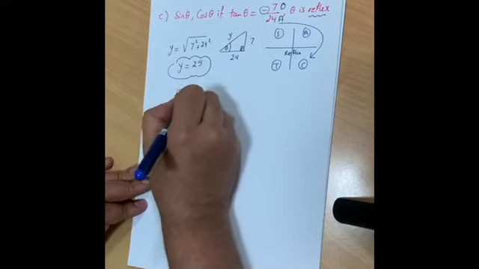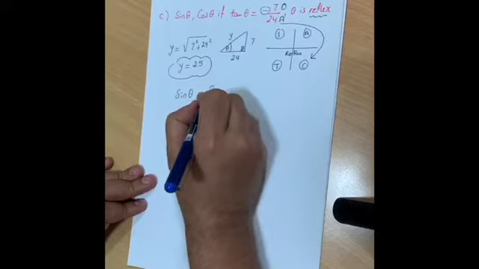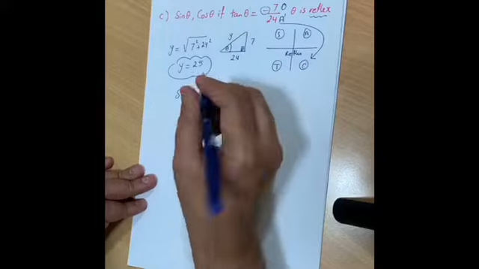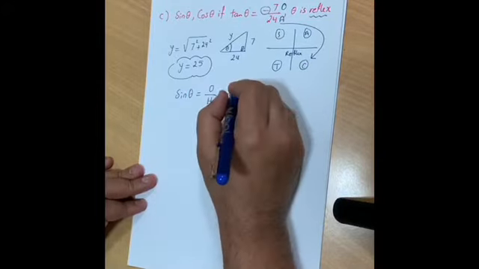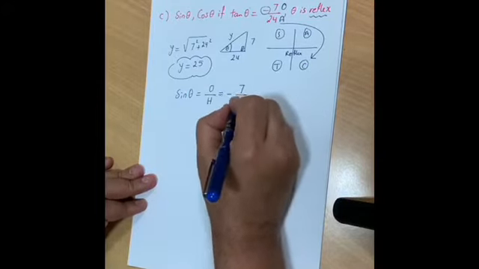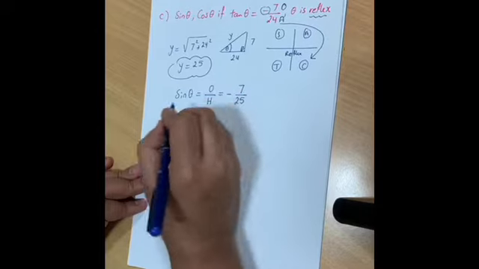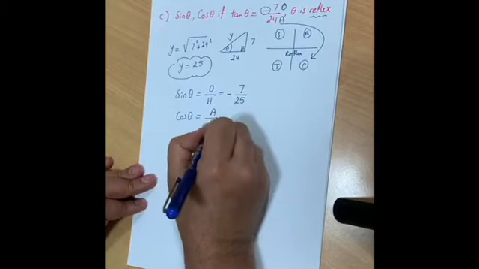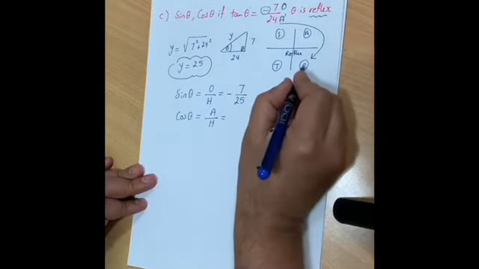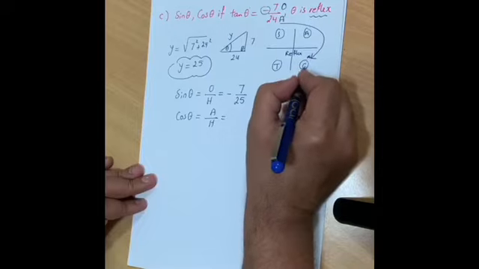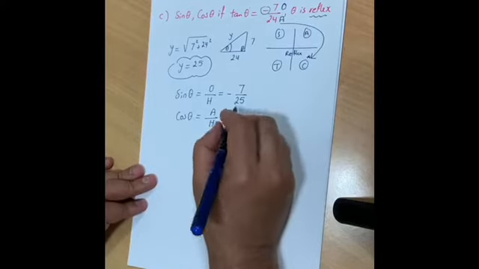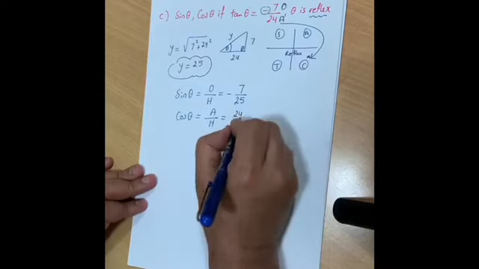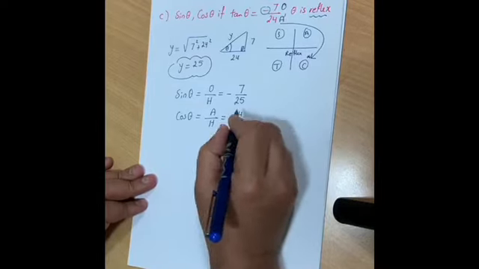Now, sine is equal to opposite over hypotenuse, and sine is supposed to take a negative sign because it's in the fourth quadrant. So negative 7 over 25. And cosine is A over H, but has to take positive. Why? Because we are in the fourth quadrant, and in the fourth quadrant, cosine has a positive sign. So positive, adjacent is 24 and hypotenuse is 25.